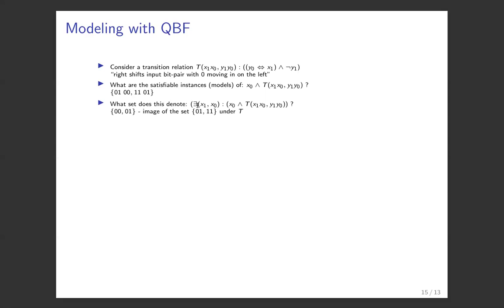By using existential quantification, this is the image of this set under T, which is what I was originally talking about. Here I'm considering just the image of the set 0, 1, 1, 1 under T.